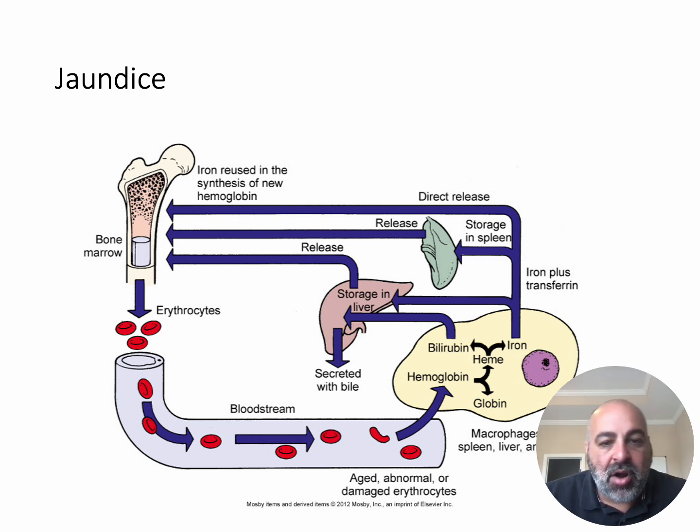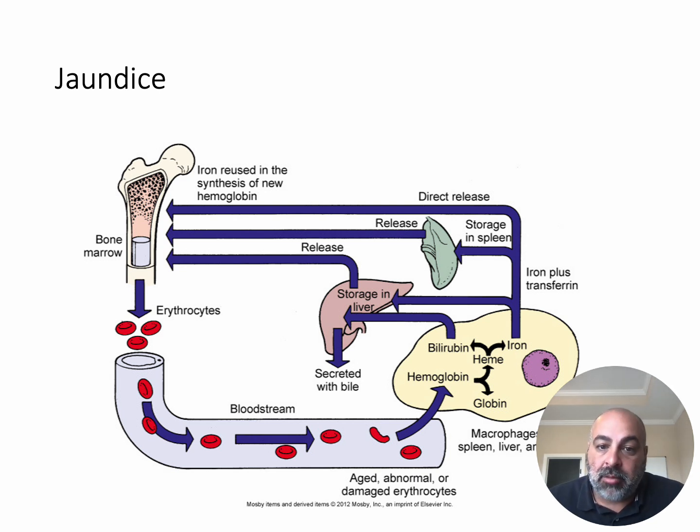The problem here is as we start to break down the hemoglobin, there's too much bilirubin for our system to deal with. Or the liver is impaired, like cirrhosis, okay? Damage to the liver. And so the bilirubin starts to accumulate in the body. As it accumulates, we see this yellowing of the skin, yellowing of the whites of the eyes, and it can cause lots of damage in newborns.